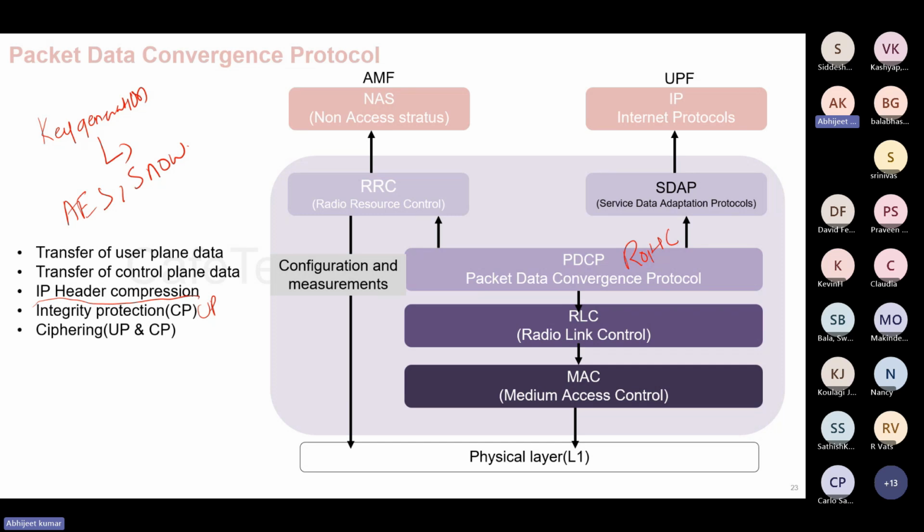Then we do the data encryption. Before the user transmits the data over the air interface, the PDCP layer basically takes the plain text of the PDCP data inside the SDU and encrypts it using the agreed ciphering algorithm and the key.